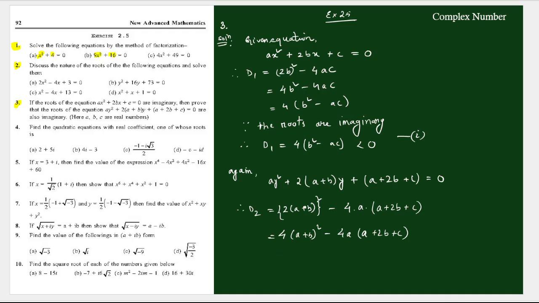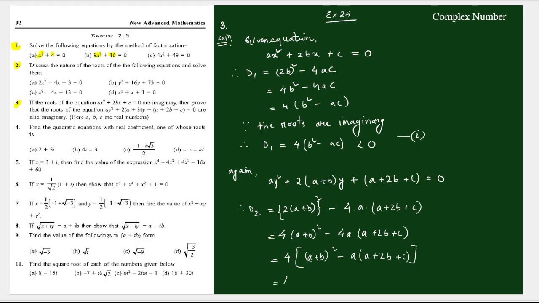We can take 4 common, we have to compare with d1. So we have (a plus b) whole square minus a(a plus 2b plus c).